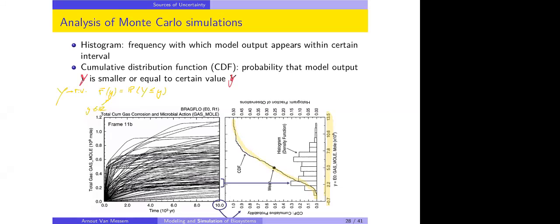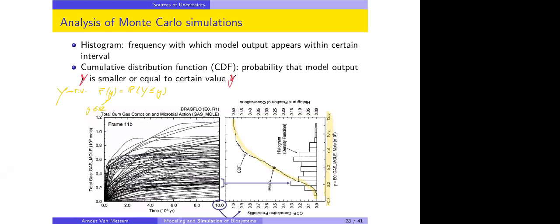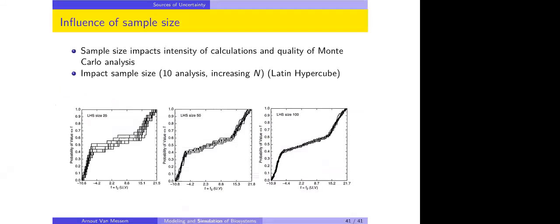Oh, I see. And as an additional question, in the 41st slide, you mentioned that the larger sample size can decrease the uncertainty.